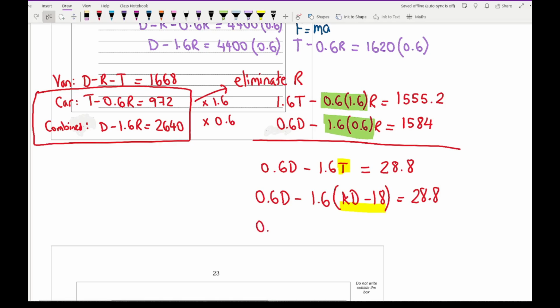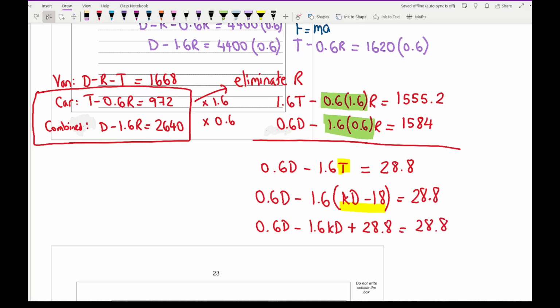So 0.6D minus 1.6kD plus 1.6 times 18, which is 28.8, equals 28.8.